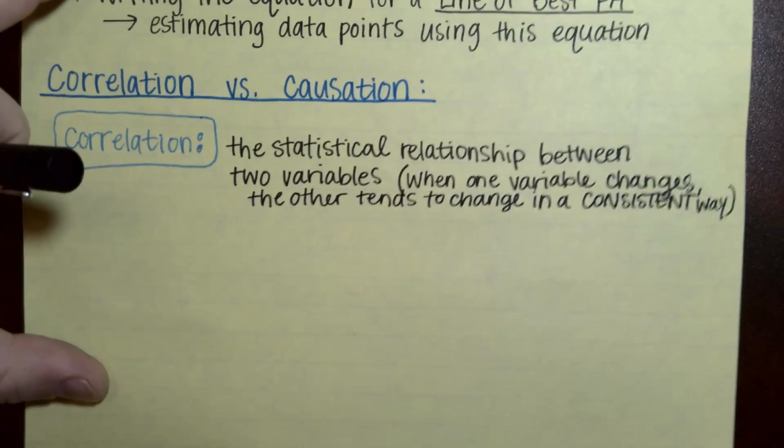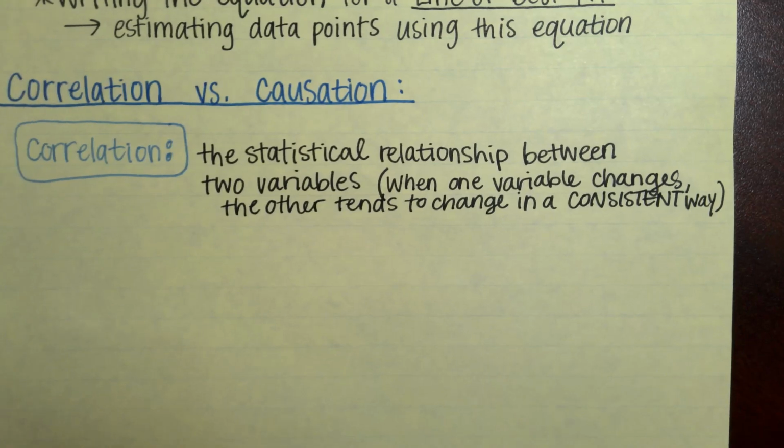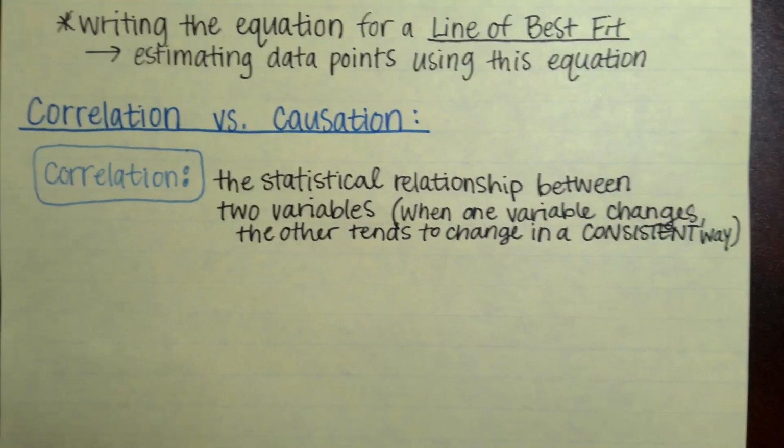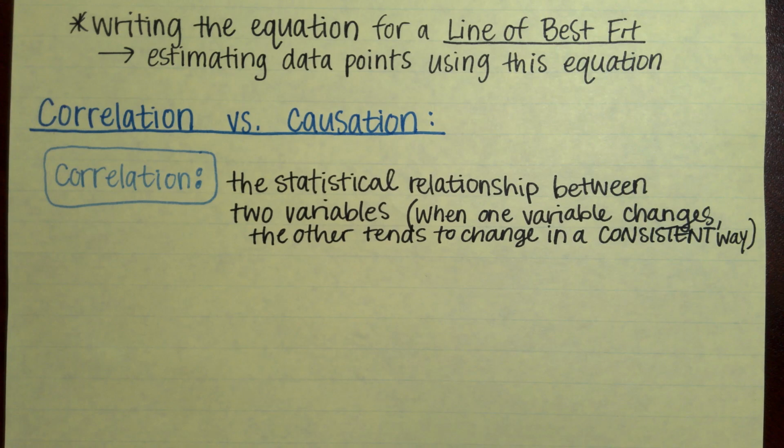Little bigger for you guys. All right. There we go. So this is what correlation is. Now, there are two types of correlation. We could have a positive correlation, or we could have a negative correlation. So let's talk about the difference there.